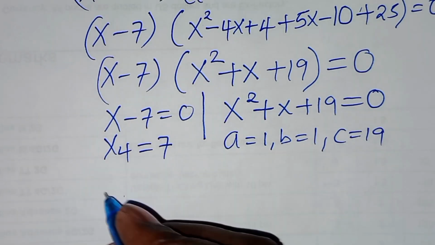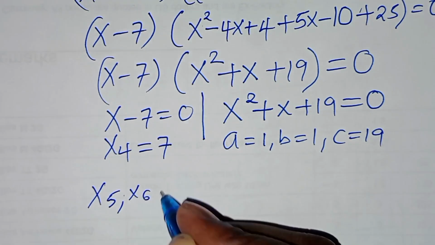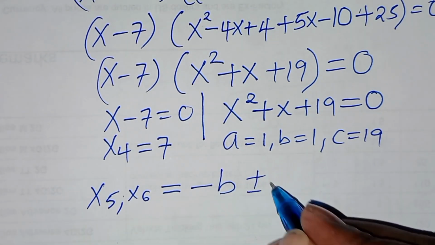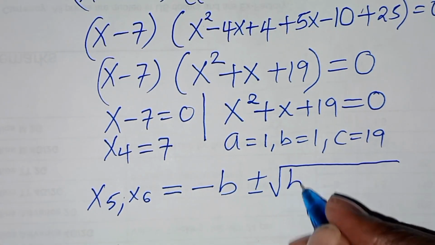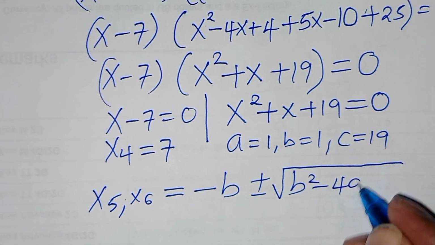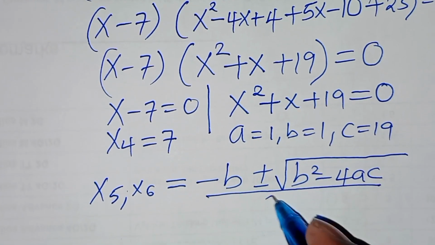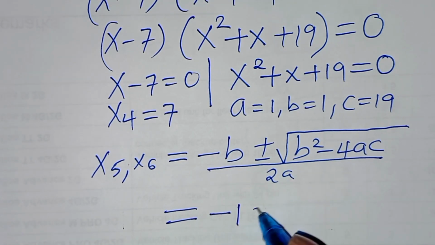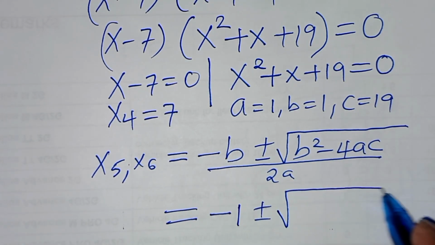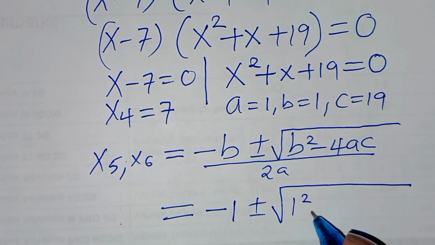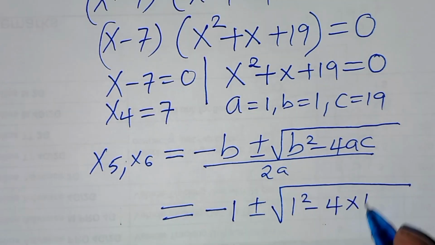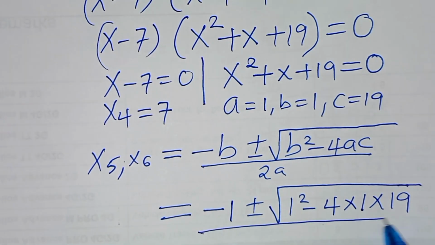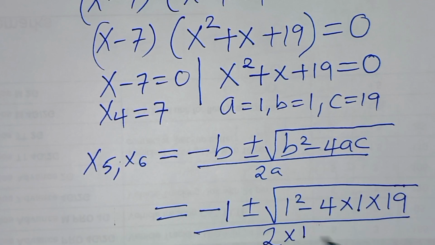So this implies that x5 and x6 can be solved by applying the quadratic formula, which is minus b plus or minus the square root of b squared minus 4 times a times c, all divided by 2 times a. So here we'll have minus 1 plus or minus the square root of 1 squared minus 4 times a, which is 1, times c, which is 19, divided by 2 times 1.